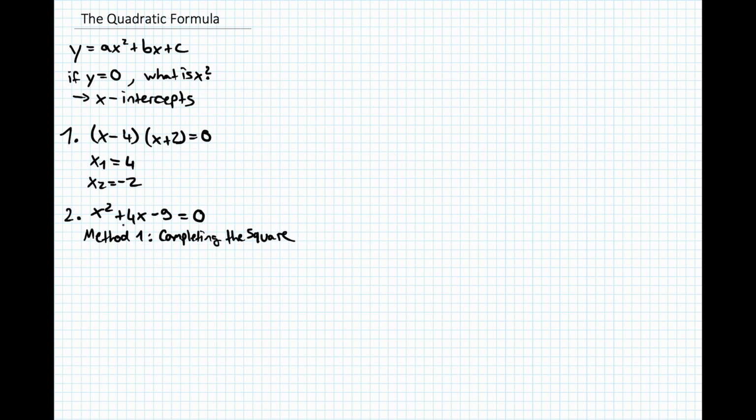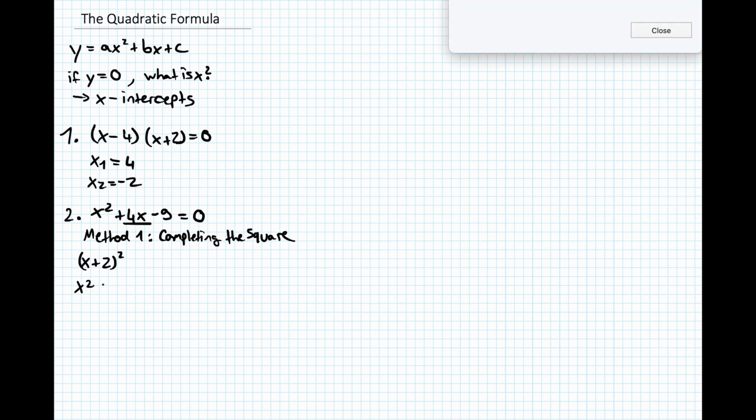So in this example, our middle term is 4x. So our y will be 2. So x plus 2 all squared. Now we just have to find the missing factor here at the end, so that we can equal it to the standard form there.